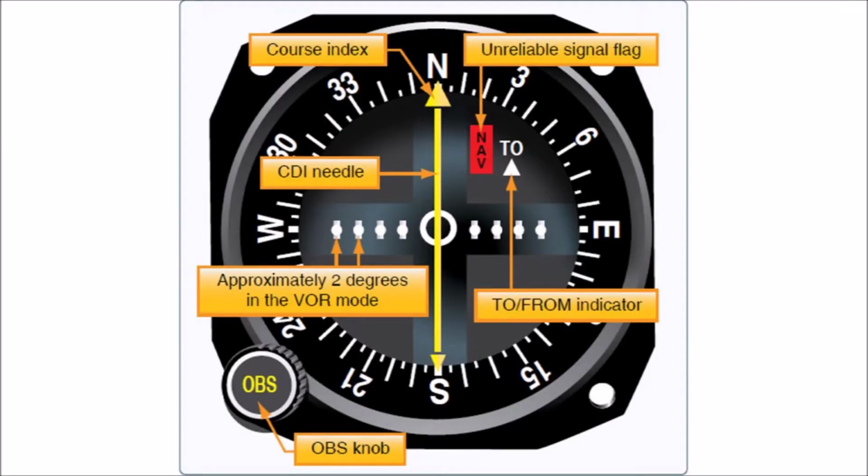The CDI shows an aircraft's lateral position in relation to a selected radial track. It is used for orientation, tracking to or from a station, and course interception. On the instrument, the vertical needle indicates the lateral position of the selected track. A horizontal needle allows the pilot to follow a glide slope when the instrument is used with an instrument landing system.